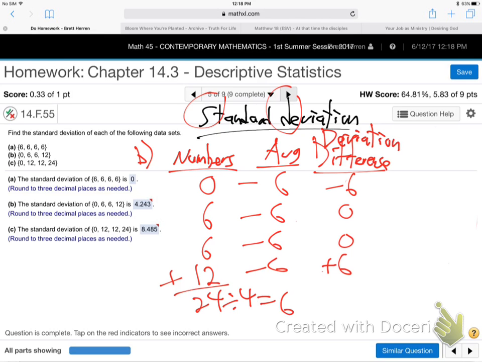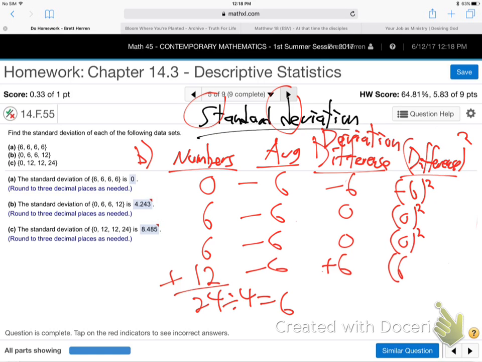So we do kind of a funny way. We get rid of the minus sign, because that's canceling the plus signs. Here's what we do. We do the difference squared. So we take -6 squared, 0 squared, 0 squared, and 6 squared. 36, 0, 0, and 36.